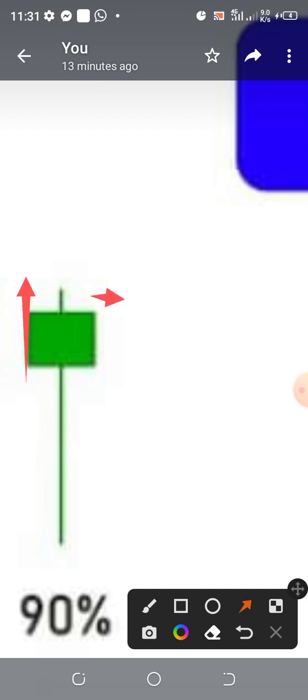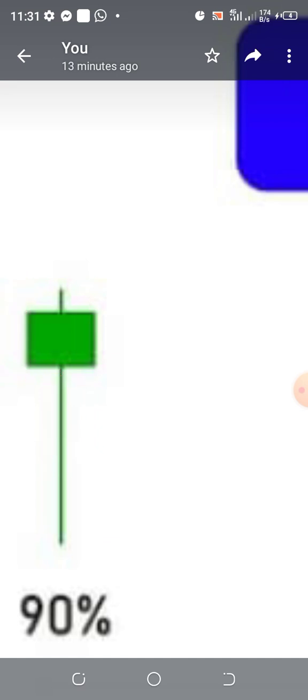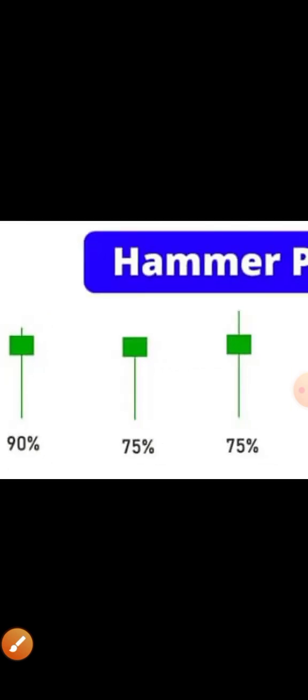Then the sellers came in and pushed down to this extent. The buyers came in once again and pushed the price up, and the time of the candle got done. Then it had to close as a hammer or a pin bar. So that is how it is formed.